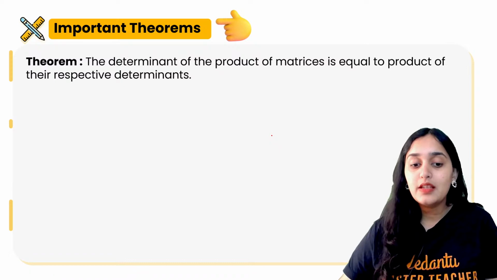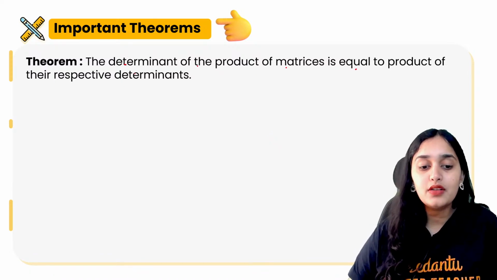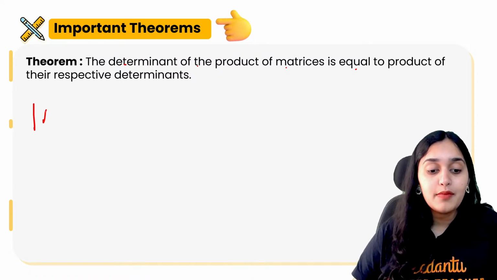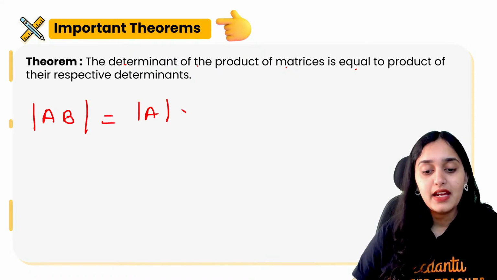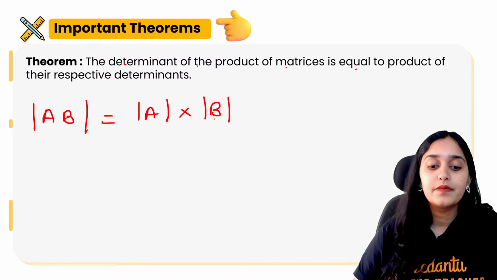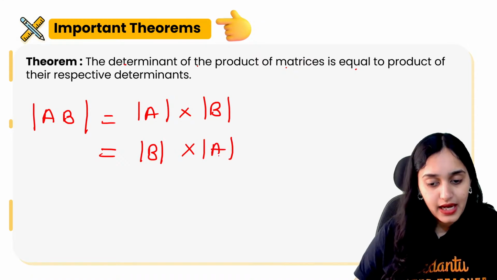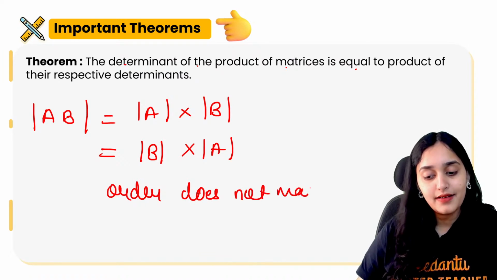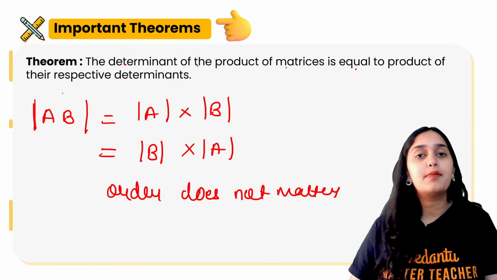Similarly, the determinant of the product of matrices is equal to the product of their respective determinants. This means determinant of A into B is equal to determinant of A into determinant of B. It is also equal to determinant of B into determinant of A. Order does not matter, only if you are finding the determinant of the product.